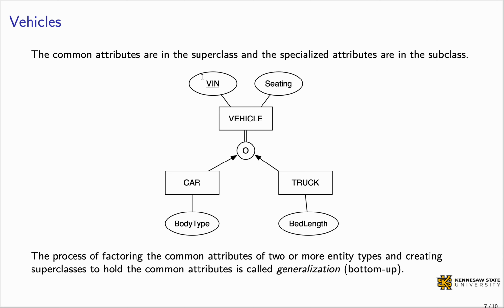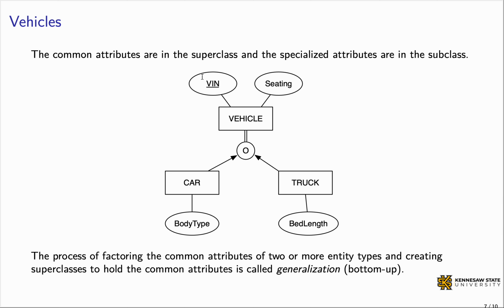So we're going to make this an overlapping subtype, so you can have something that's both a car and a truck, like a Subaru Brat, I guess, if you remember those. Those were kind of like cars, but they also had truck beds.